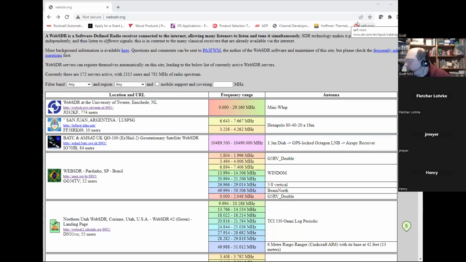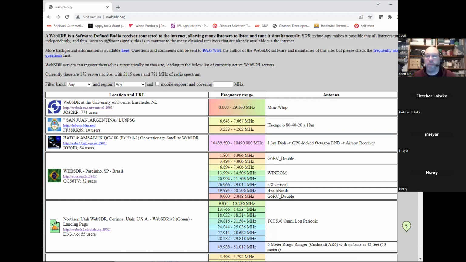I suppose if you could hear them. Think of it as this is somebody's receiver somewhere with a whip antenna that's just near their office, house, school, whatever. And they put it on the web, and people on the web can basically run their radio and listen to it and make it do different things.